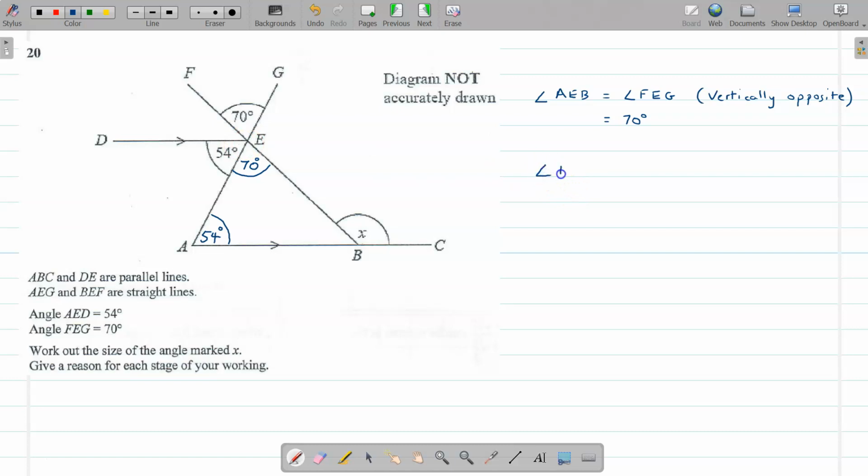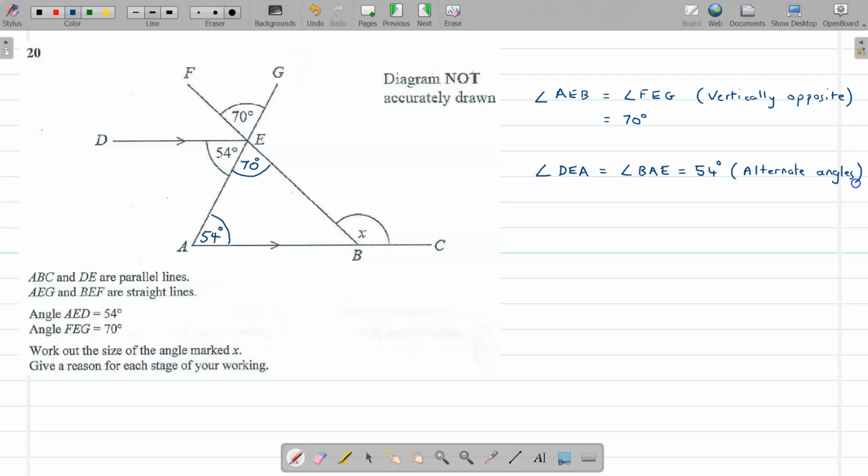So angle DEA equals angle BAE, which equals 54, and the reason I can say that is alternate angles.